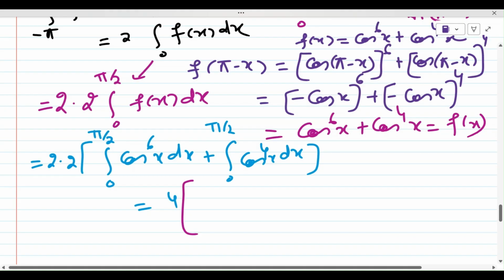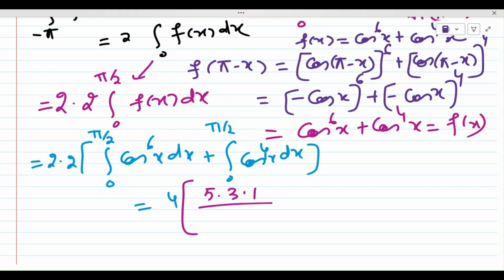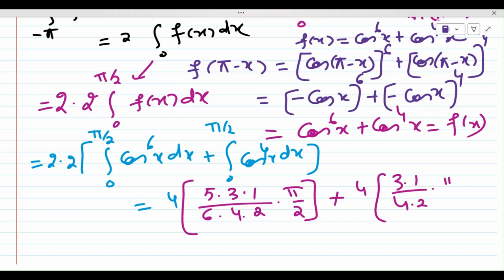So that equals 4 into, applying the formula here for 6: 6 minus 1 is 5 into 3 into 1 over 6 into 4 into 2 into pi by 2. Plus 4 into, now for 4, it becomes 3 into 1 over 4 into 2 into pi by 2. In both terms, we apply the reduction formula.